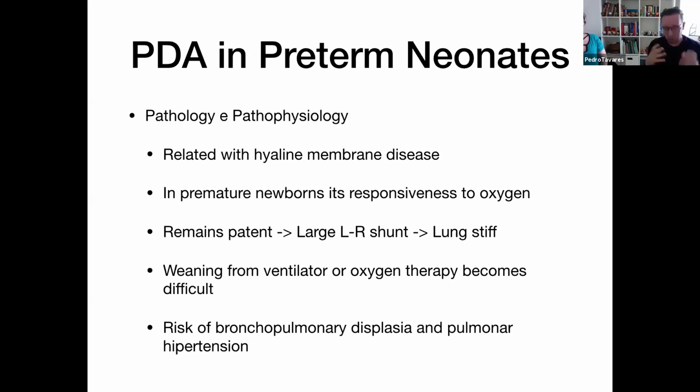For patients that have a large PDA, we have a higher risk of bronchopulmonary dysplasia and pulmonary hypertension.